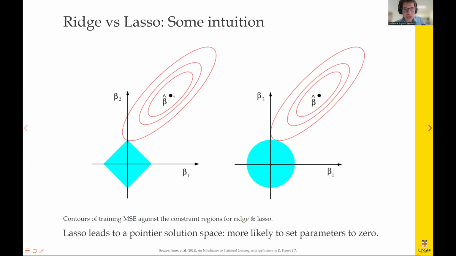Now, in this picture, imagine the unrestricted solution to the minimization of the residual sum of squares is this beta hat. So this dot represents the solution without restriction, the solution under just regular least squares. The value of beta 1 would be here, and the value of beta 2 would be here.